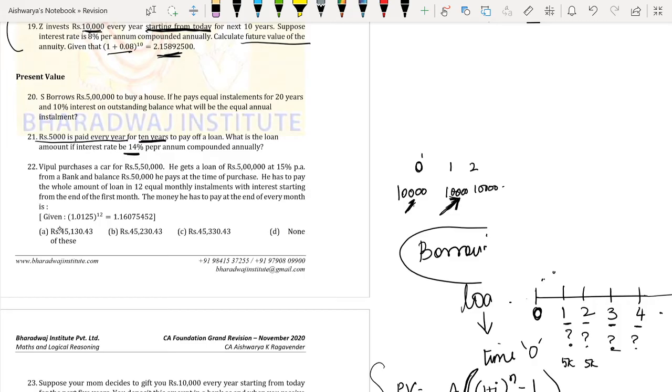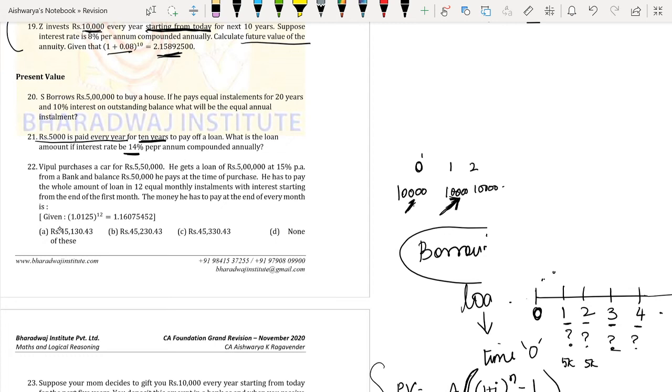He borrows. The moment the word borrows is used, it means it is taken at time 0. So if I do a time graph, at time 0 I am borrowing 5 lakhs. Okay, so how much he pays? Equal installment for 20 years. 1, 2, 3, up to 20 here.